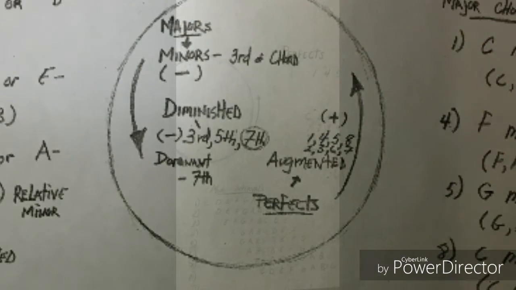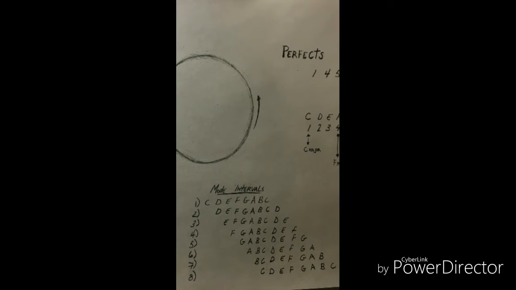On the other charts, we see mode intervals, which are in the center of the chart. On the bottom, we see how the mode intervals work, how the differences in the mode intervals are from each interval.